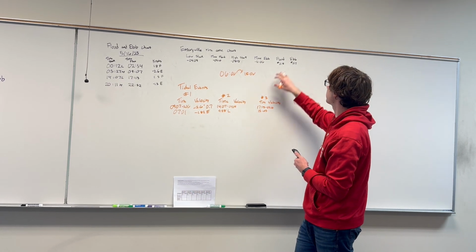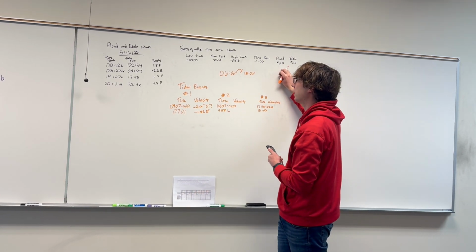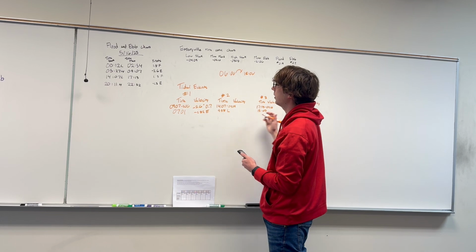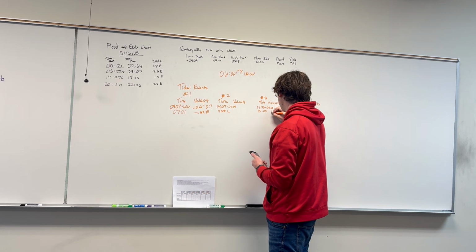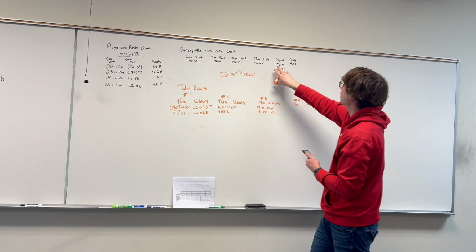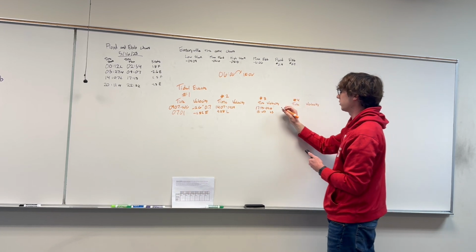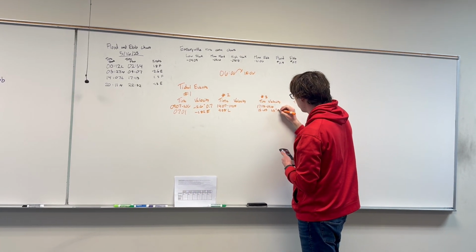So now that we have that, we still have to calculate the current, or the tide flow, which is going to be 1.5 times the flood factor, which is 0.9 in this case.